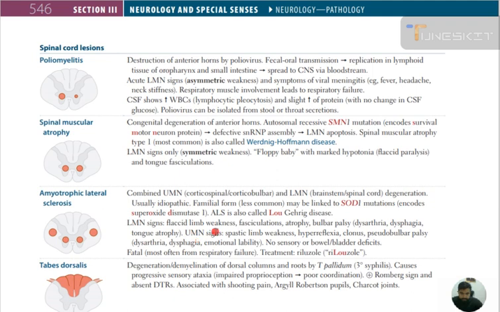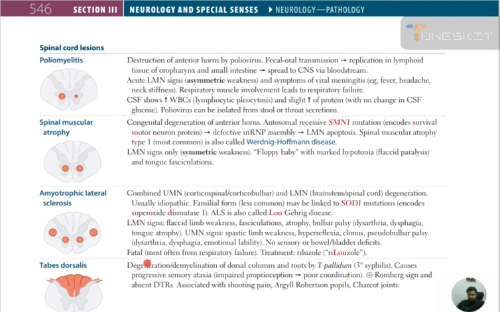And the upper motor neuron signs are spastic limb weakness, hyperreflexia, clonus, rigidity, and pseudobulbar palsy. In this, we have dysarthria, dysphagia, and emotional lability. No sensory or bowel deficit. Fatal, most often from respiratory failure. Treatment is riluzole.